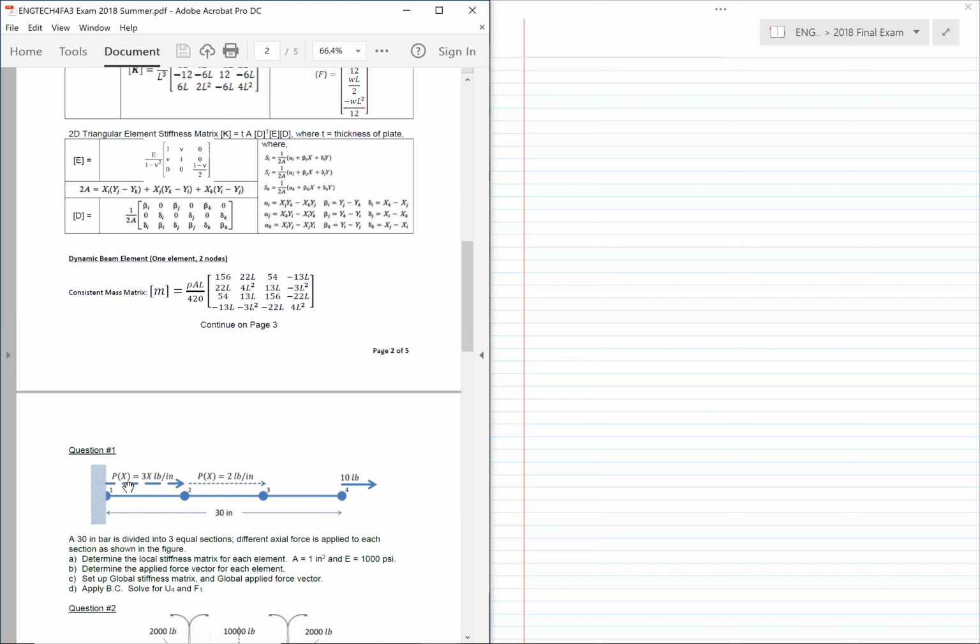The stiffness matrices are the same, EA over L all the time. Only the force vector is a bit tricky. For the first and second portion, you have to do integration to get the force vector. Anyways, I have already gone through that in our midterm exam solution. Just review it, please. Hopefully you can feel comfortable with it.